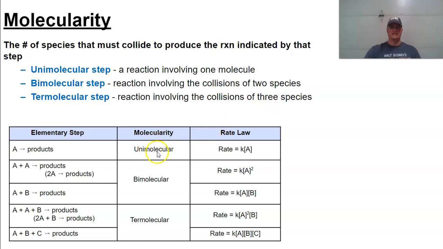So if it was by itself, its rate law is pretty straightforward. With bimolecular, if two of the same come together, it'd be A squared. Obviously, with two separate species, you'd have each individually. Termolecular, like two of these sandwiching around a B, or all three being different, are their ideas of rate law.